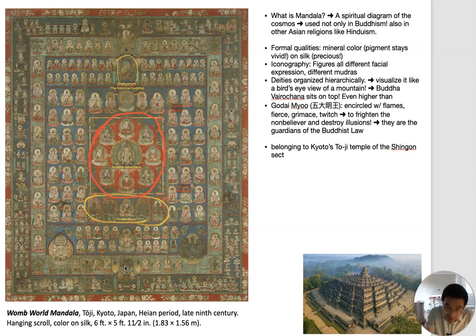In this sect, the Buddha Shakyamuni ceases to be of supreme importance. Instead the Shingon sect reveres the Buddha Vairocana as the source of all existence and the cosmic entities who govern the universe.